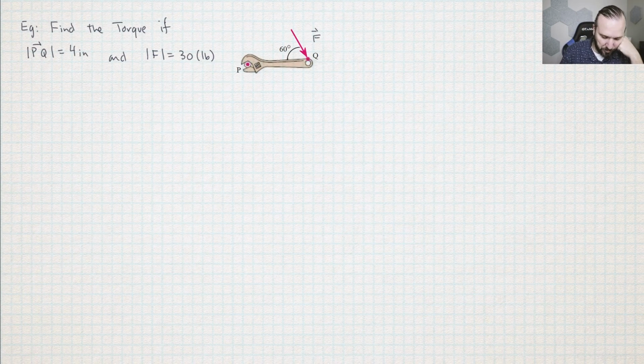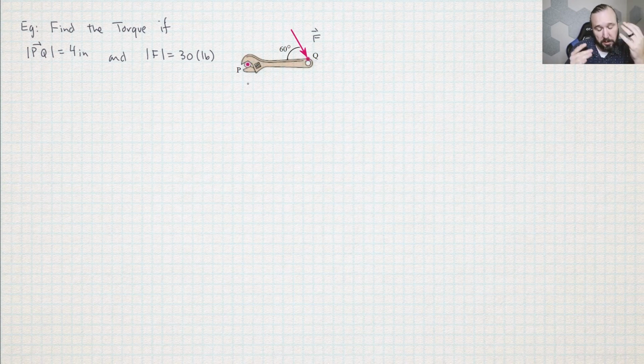So here's an example where we're asked to calculate torque, and we've got a little picture of a monkey wrench. They give us the angle, and they ask us to calculate the total amount of torque. In this problem, the magnitude of the force is 30 pounds. And it's a regular sized monkey wrench, 4 inches long.